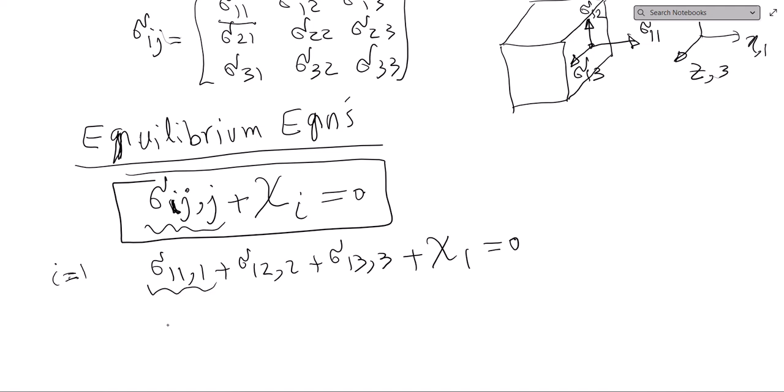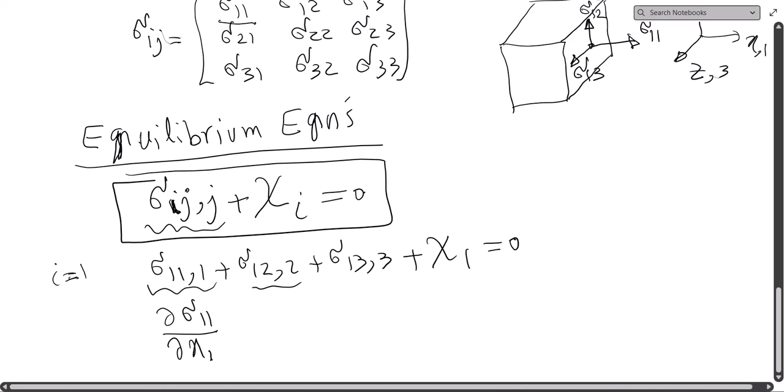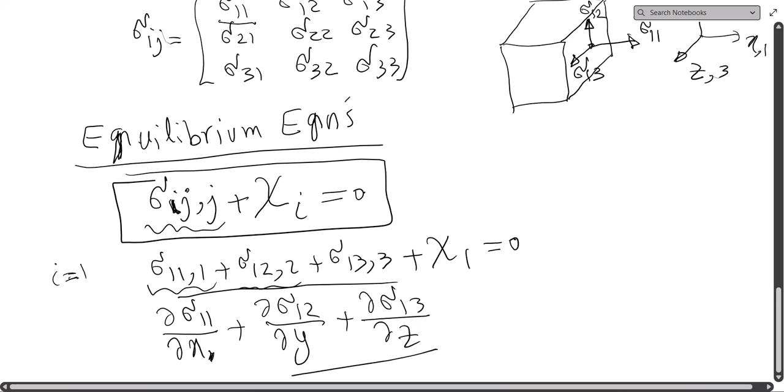This is the divergence of this component, and you sum up everything here, right? So this is the divergence of those components on this face that I just showed you.